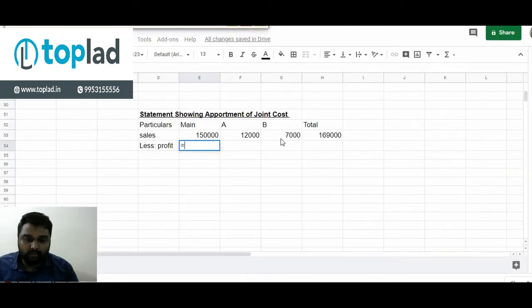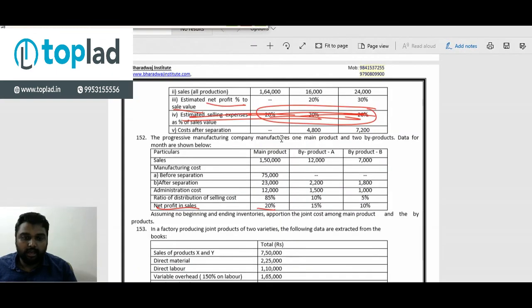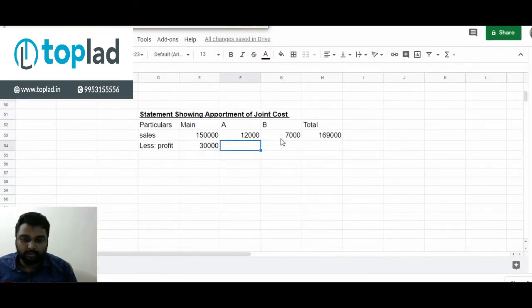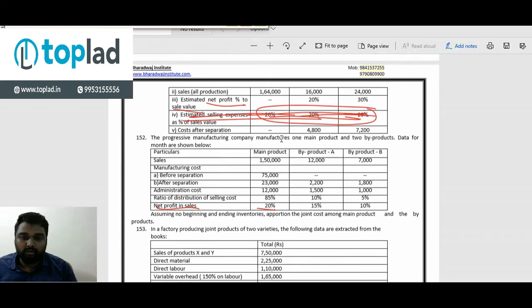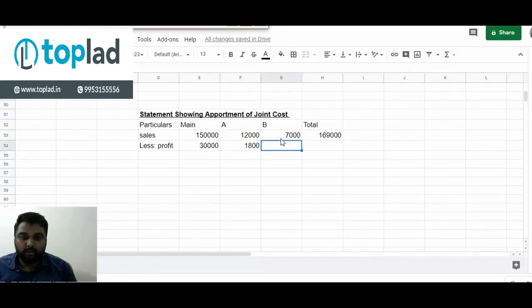So the first product comes to 20%. The second product comes to 15%. What about the third product? The third product comes to only 10%. So we can get our total profit.